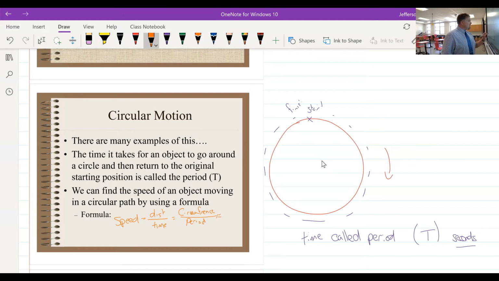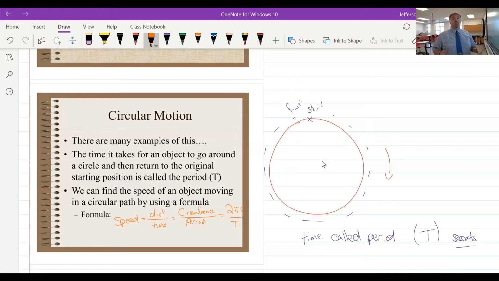You don't have to remember how to find the circumference of a circle because it's given to you in your reference tables. It is equal to 2 pi times the radius, and then we divide that by the period. This will give us the speed at which it goes around.